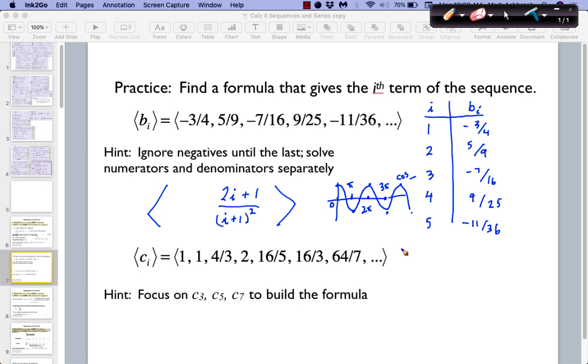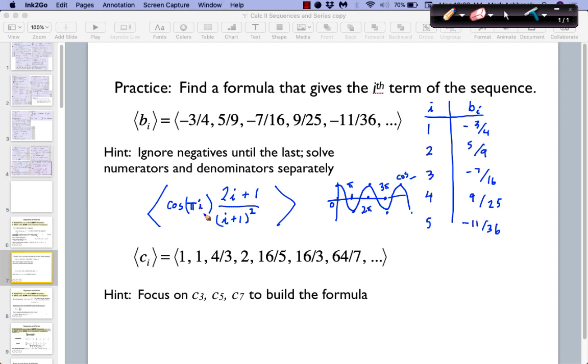Is it cosine of I? No, not cosine of I. But cosine of what would give me that? When it's 0, we get +1. When it's 1, we get -1. Pi times I, right?